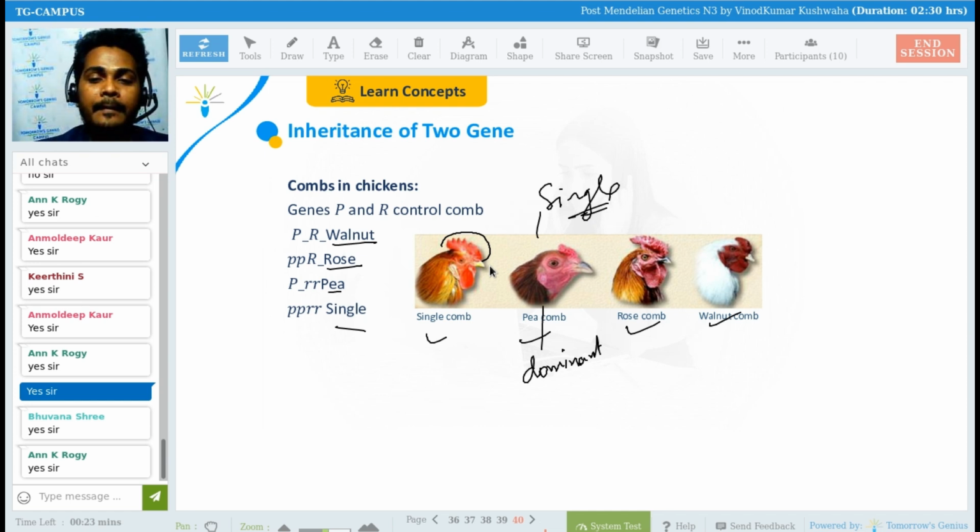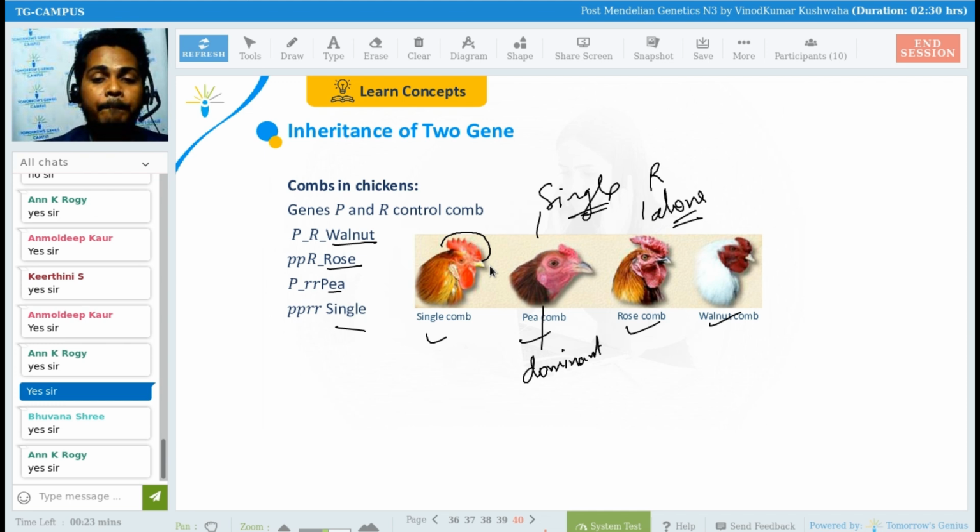Similarly, if R alone is dominant, then a rose comb is obtained.